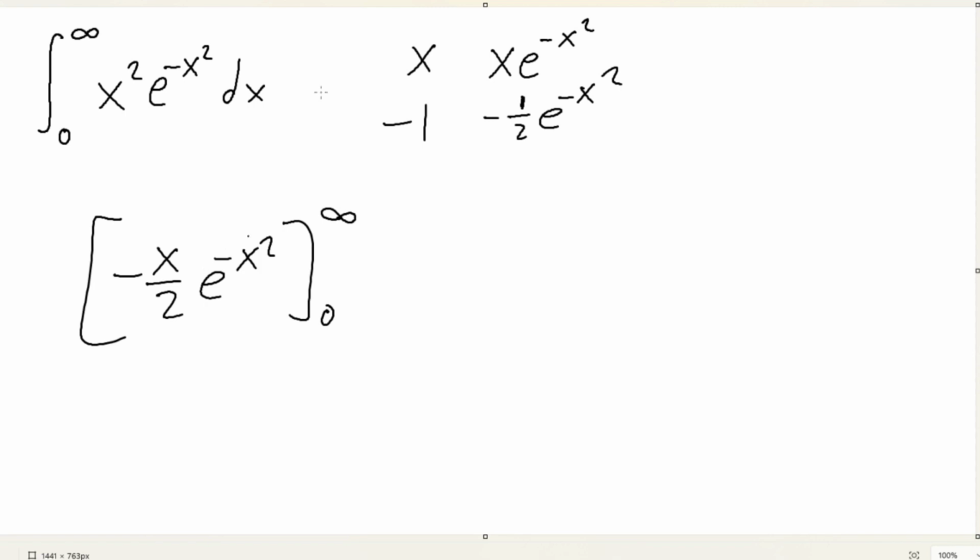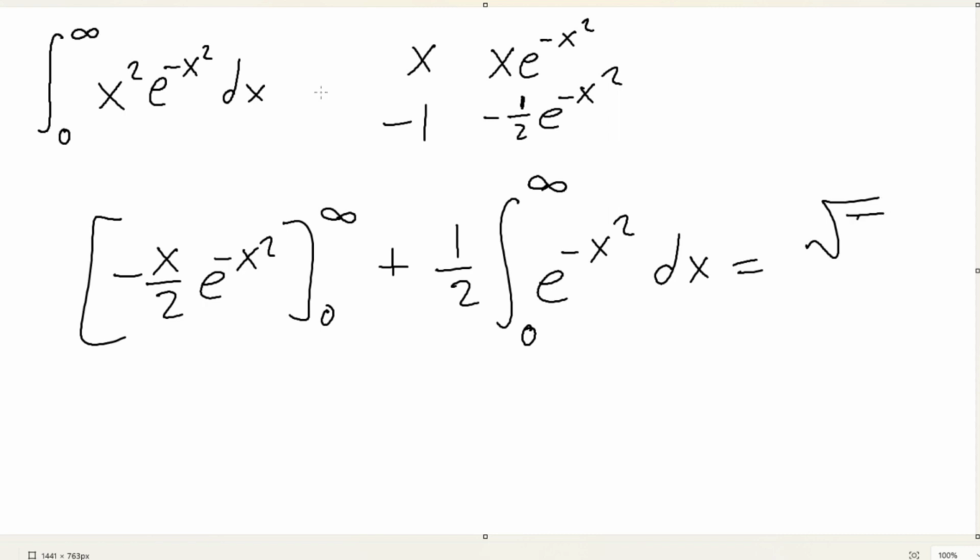Plug in 0, that's 0. Plug in infinity, this would be L'Hopital's rule. This is definitely bigger than this, so this all equals 0. And then we have plus a half of this integral here, and so this answers to the square root of pi over 4. So that's all it is. You just put it in terms of the Gaussian integral, and there you have it.